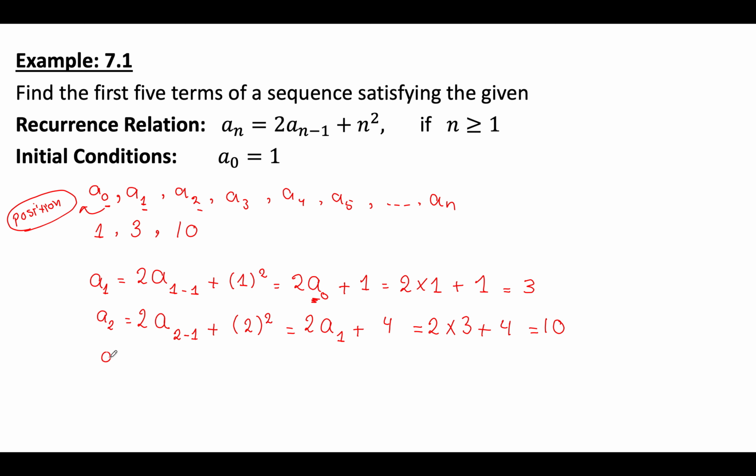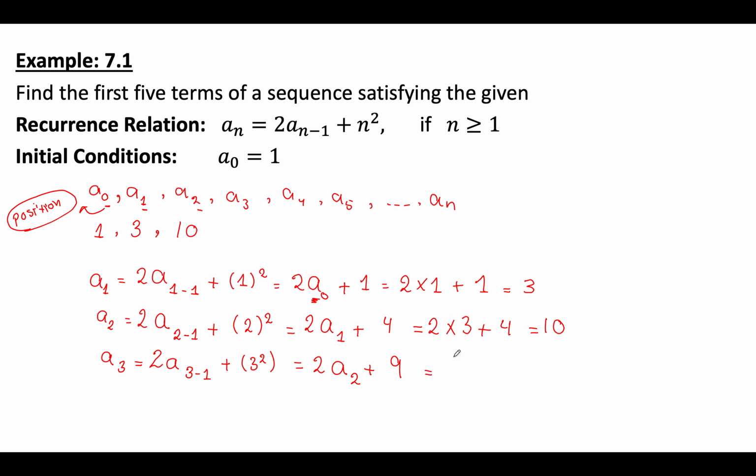Let's move to the fourth term, which is a3. a3 is equal to 2a_(3-1) plus 3 squared. And this is equal to 2a2, since 3 minus 1 is equal to 2, plus 3 squared is 9.